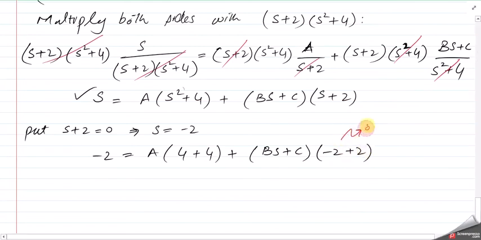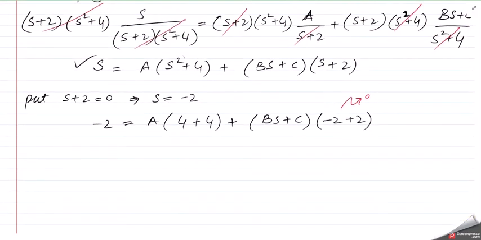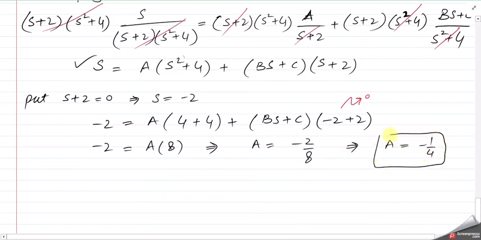This will go to 0. And now we get minus 2 equals a times 8. Oops, not b, a times 8. And that means a equals minus 2 by 8, or in other words, minus 1 by 4. Right.